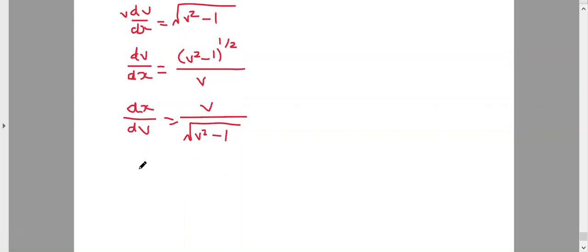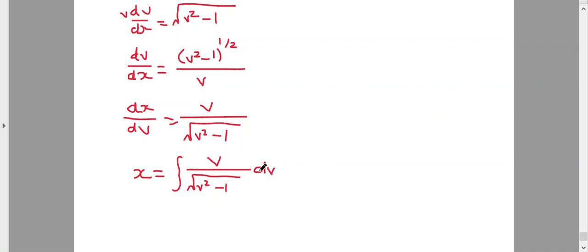Now I can integrate both sides with respect to v, and that will give me x equals the integral of v over square root v squared minus 1 dv.